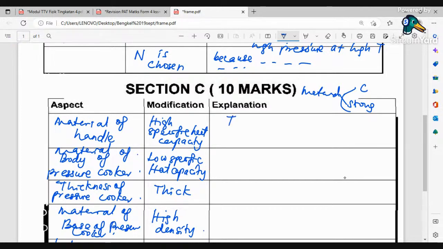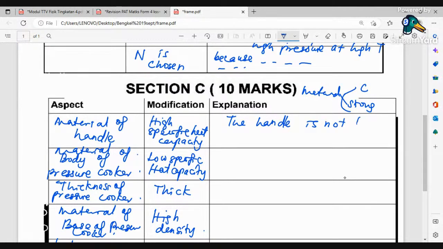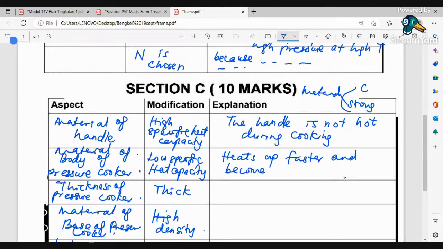So the handle is not hot. Okay, material of body, low specific heat capacity, so it heats up faster and becomes hot faster.